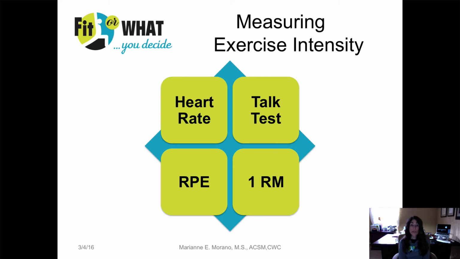RPE, or ratings of perceived exertion, can also be used with aerobic exercise and resistance training. And the 1 repetition max is reserved strictly for resistance training, working with weights. And I'm going to go through each one of these in more detail.